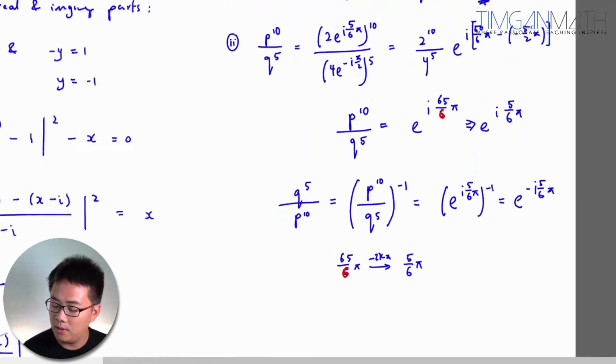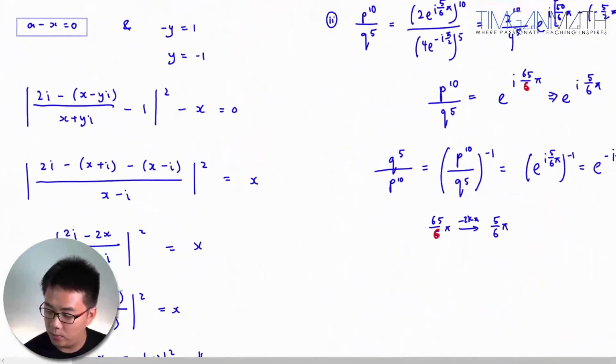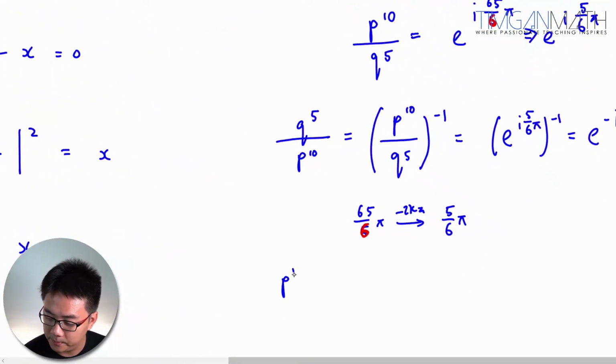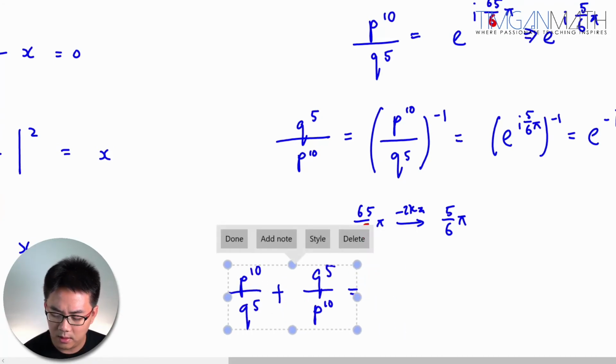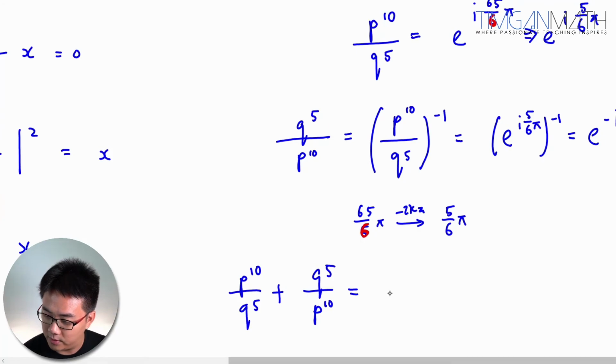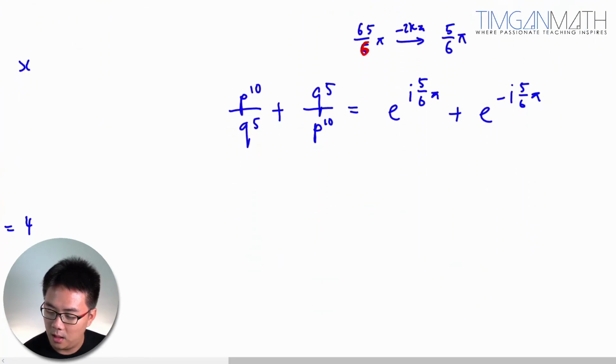Great. Now once you get that ready, what you're going to do is just add them up, because both expressions here have the same argument, same modulus, but of different sign. It's something which you should know how to manipulate. You use the Euler formula.